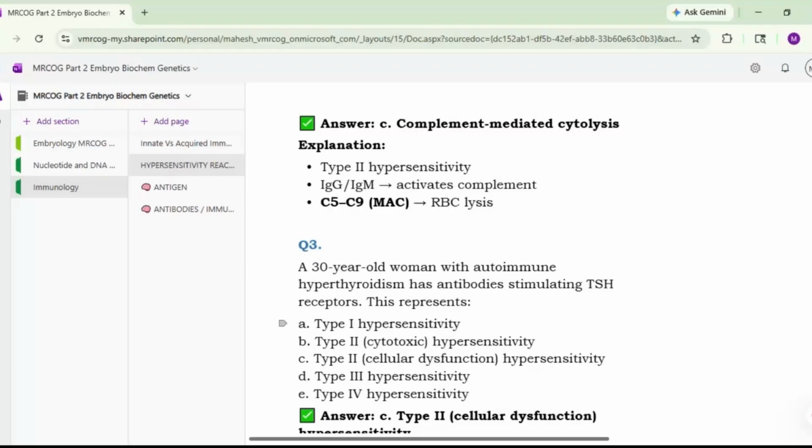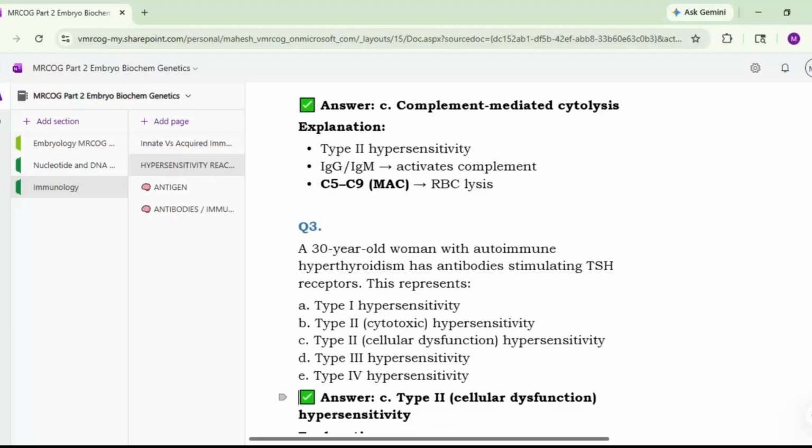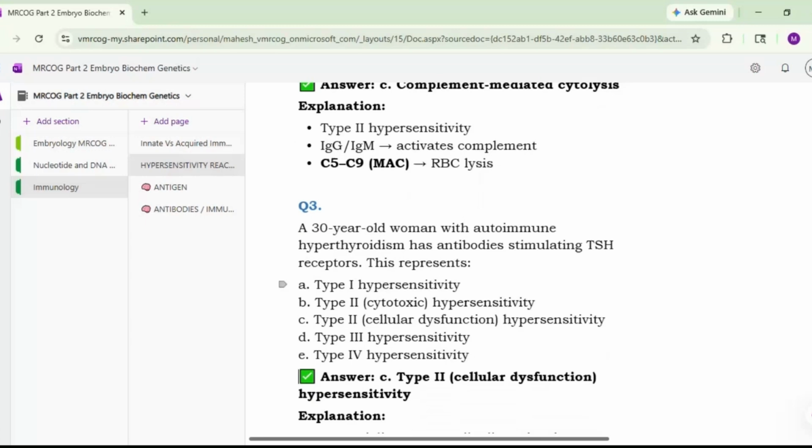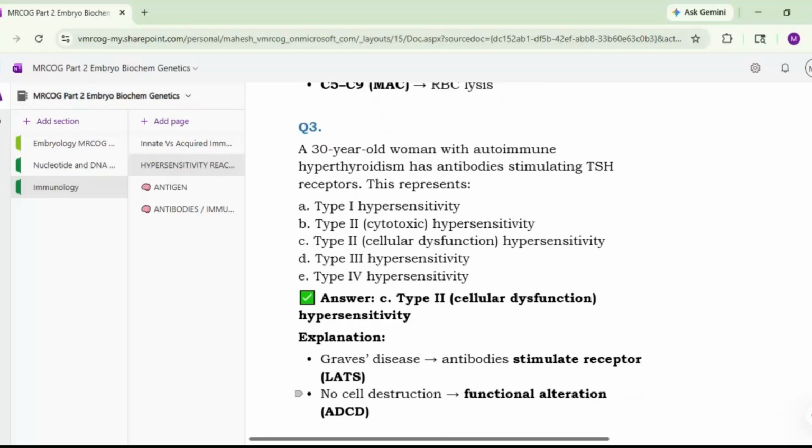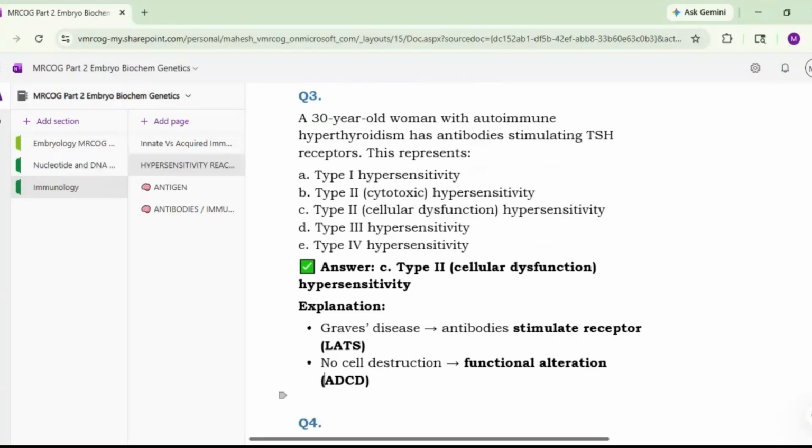So, type 2 cellular dysfunction hypersensitivity. It is type 2 cellular dysfunction. In Graves' disease, you have antibodies that stimulate the receptor, that is LATS type of antibodies. There is no cell destruction, only functional alteration through ADCD.